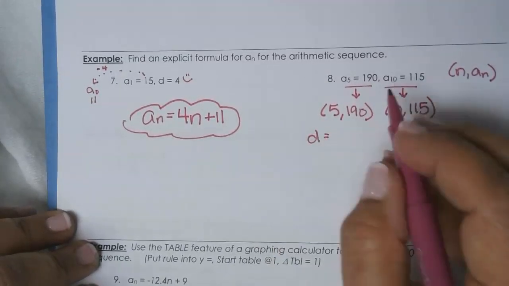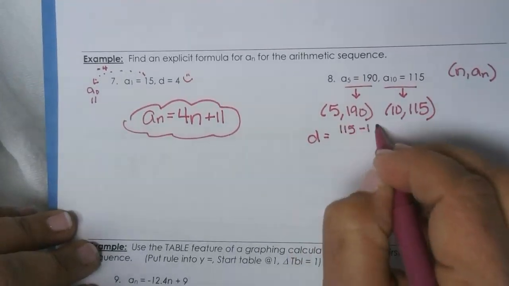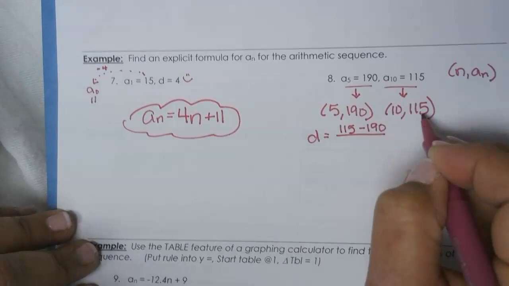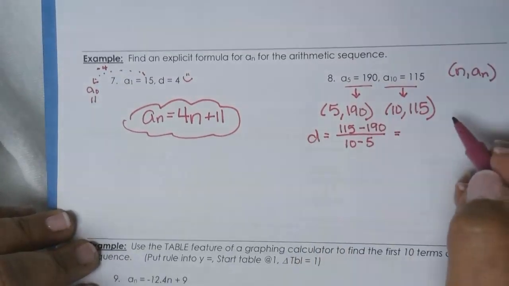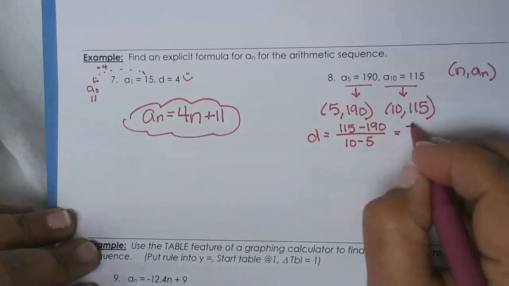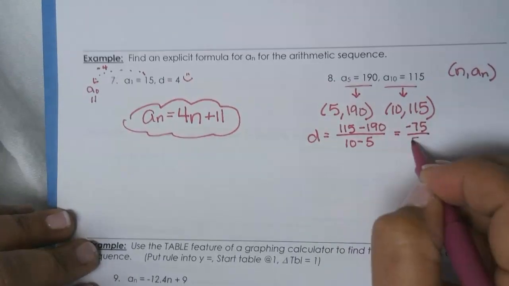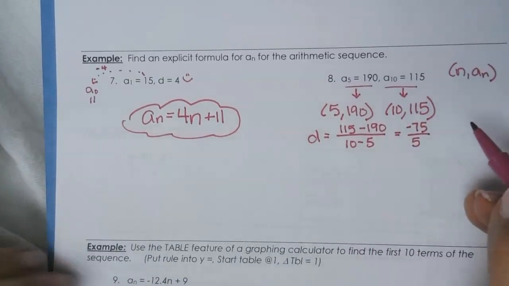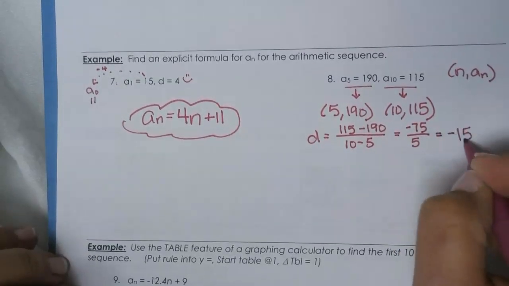Okay, so I'm going to think in algebra terms, y2 minus y1 over x2 minus x1. And 115 minus 190 is negative 75. 10 minus 5 is 5. And then we can divide those to get negative 15 for d.